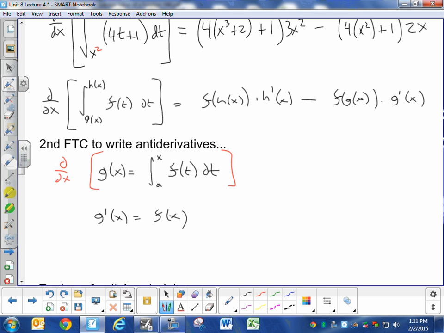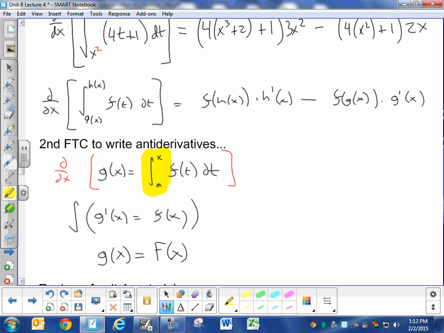Okay. So, what if I went backwards? G would equal the antiderivative of f. What if I went like this on both sides? I would get g is equal to big F. Turns out this is how you could write the antiderivative of f.